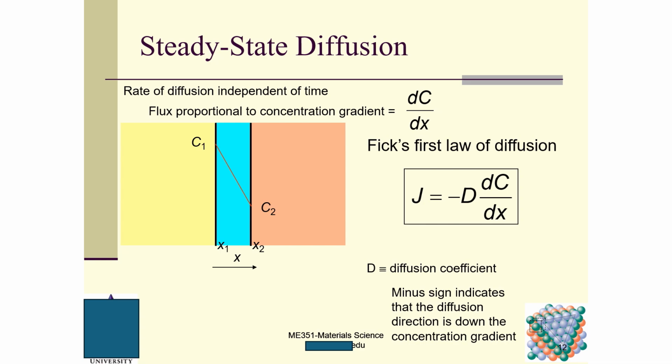Can somebody tell me why we have a minus sign in front of D? Okay, we have a minus sign because diffusion always occurs in the direction from the high concentration to the low concentration. So this is opposite to the gradient.